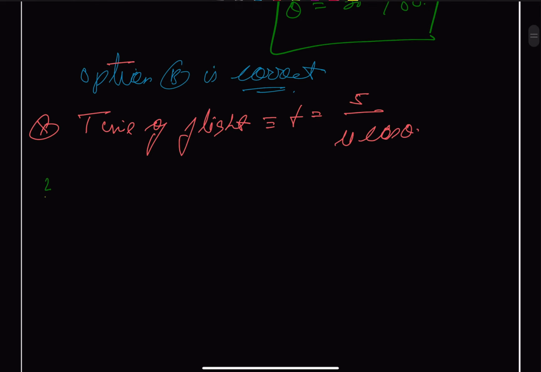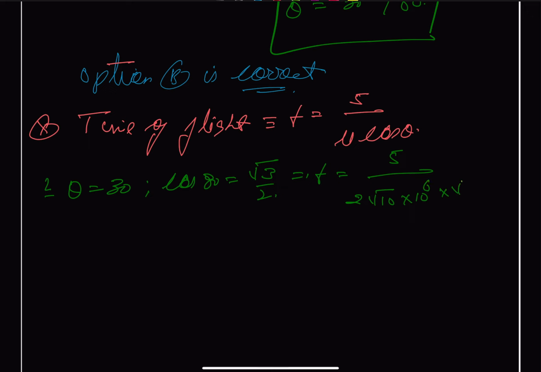So first is theta is equal to 30, and cos of 30 is going to give us square root of 3 divided by 2. So t is equal to 5, u is 10 square root 10 to the power 6, and this comes as square root of 3 divided by 2.